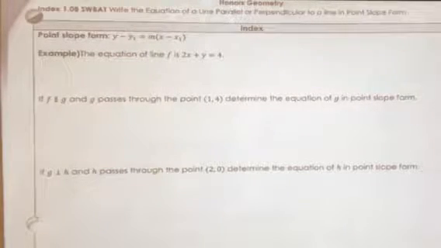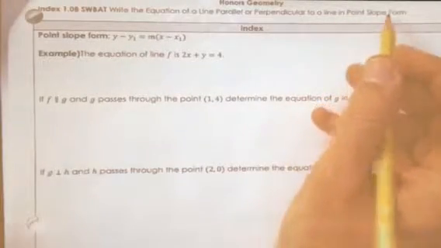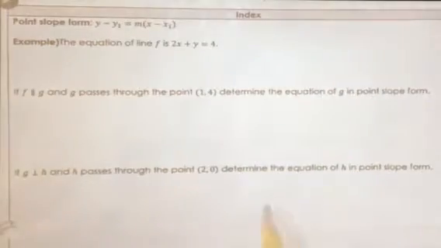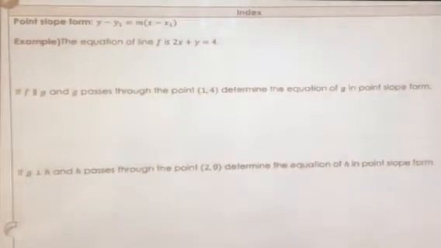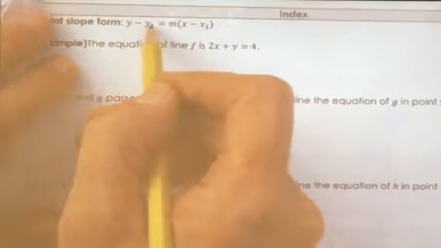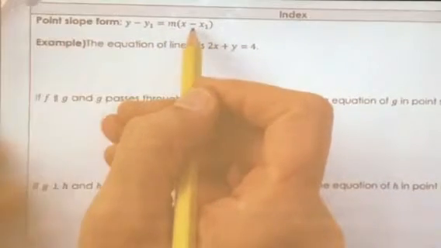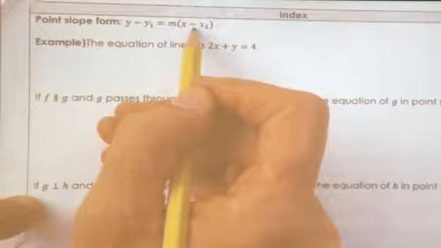Let's look at the index and explore point-slope form a little more. Here we see the general form y minus y1 equals m times x minus x1 for point-slope form.